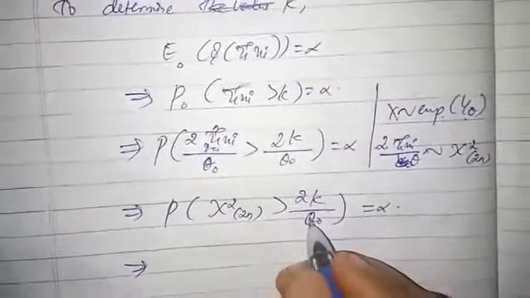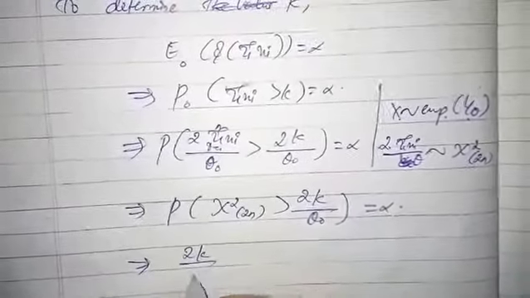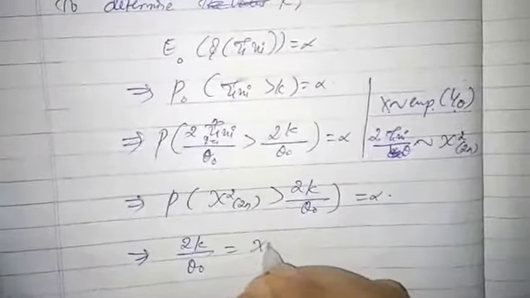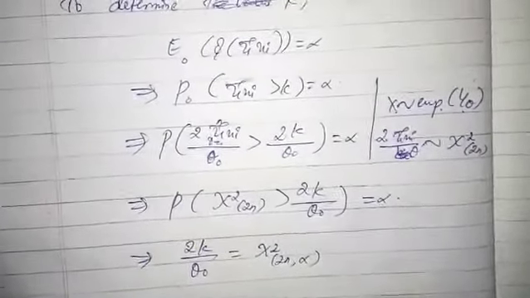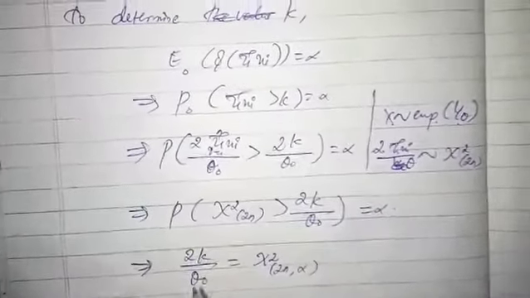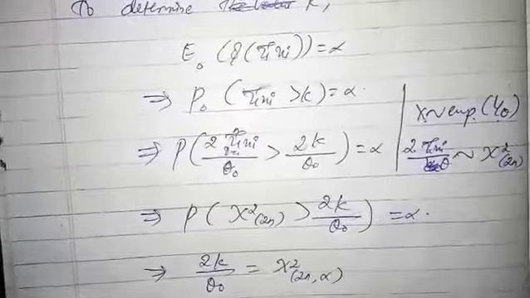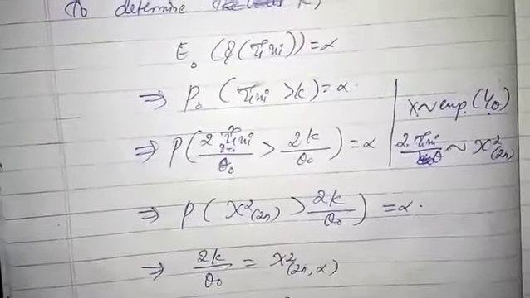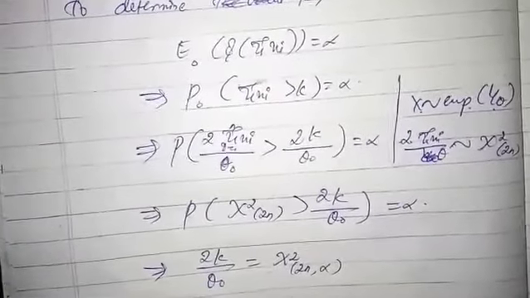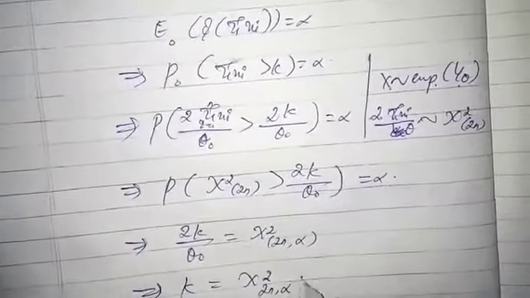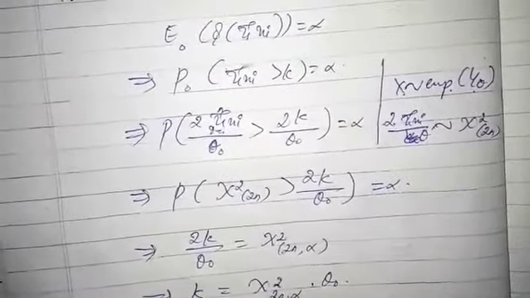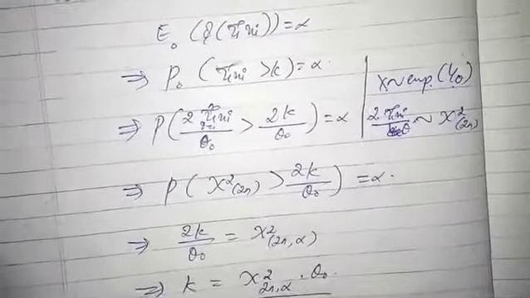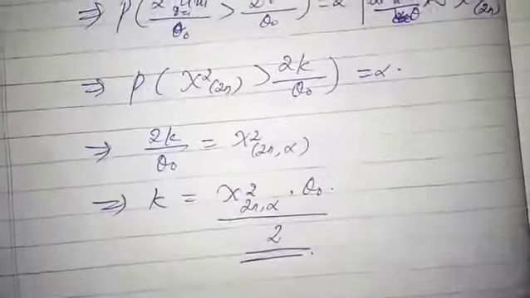What is the k value then? 2k divided by theta naught equals chi-square 2n comma alpha, which implies k equals chi-square 2n comma alpha times theta naught divided by 2, right. This is the k value in this test.